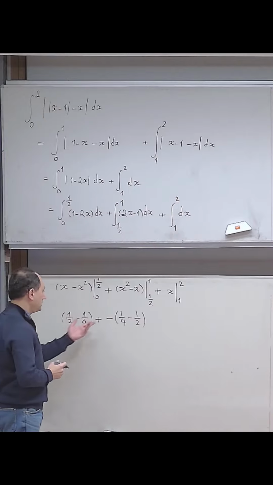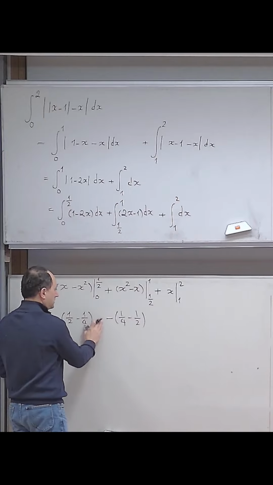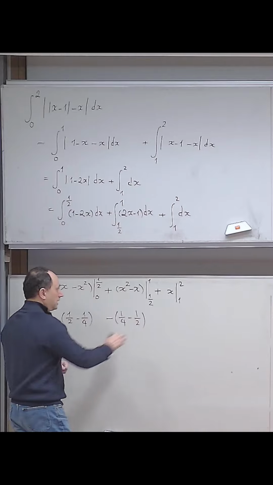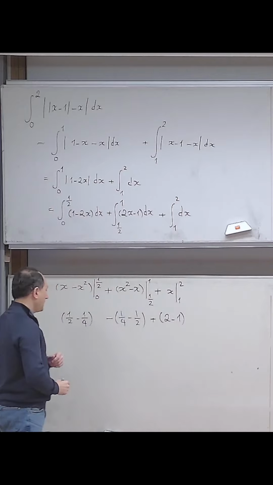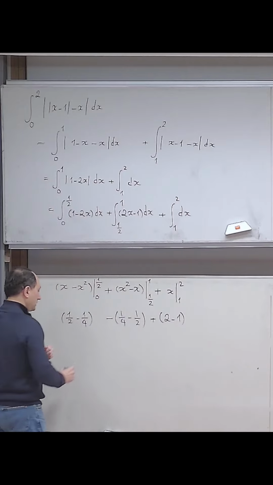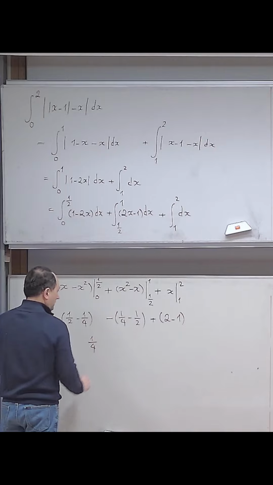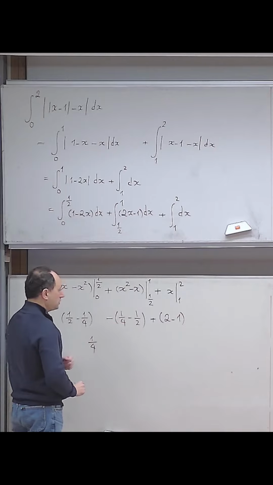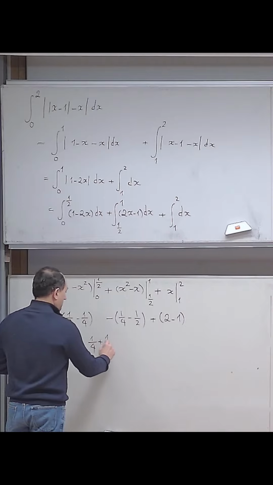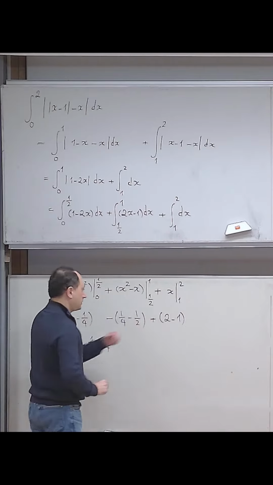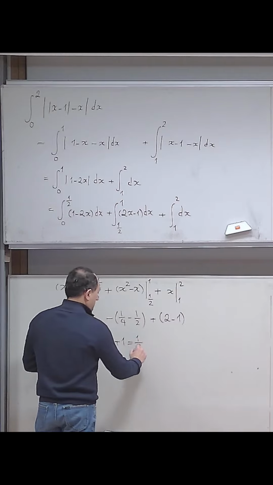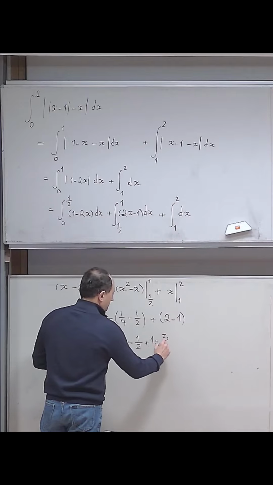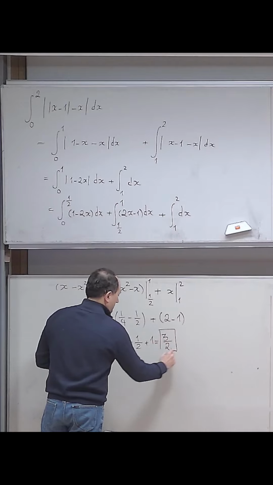Okay, so we have to be careful here. So plus minus, I simply write minus them. And then this one becomes simply 2 minus 1. And I have to calculate this. 1 over 2 minus 1 over 4 is 1 over 4. This becomes minus minus 1 over 4, but then it becomes plus 1 over 4. And then this one is simply 1. So this becomes 1/2 plus 1. So the answer to the problem becomes 3/2.